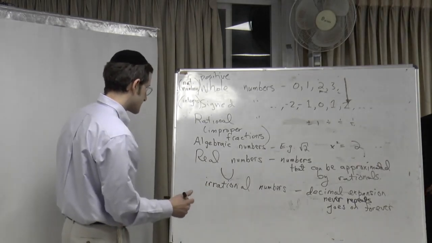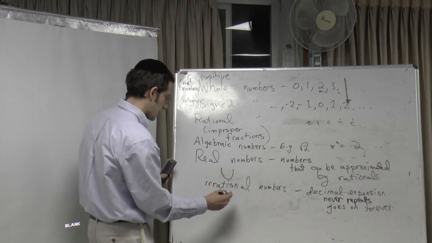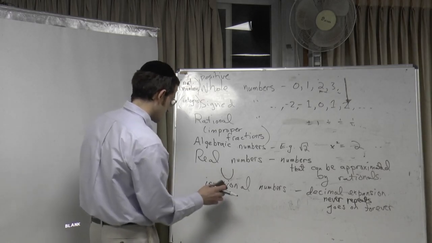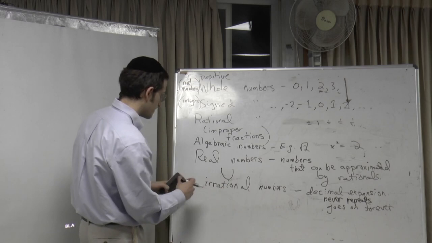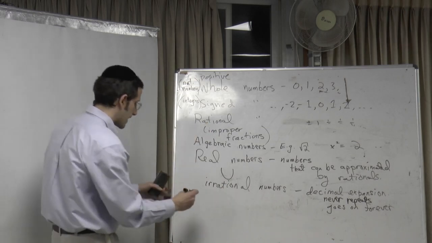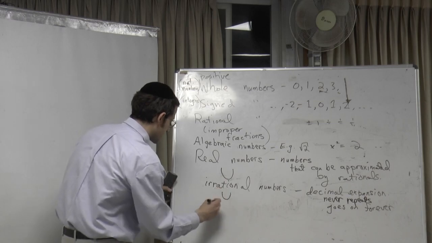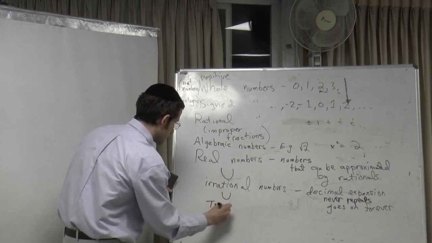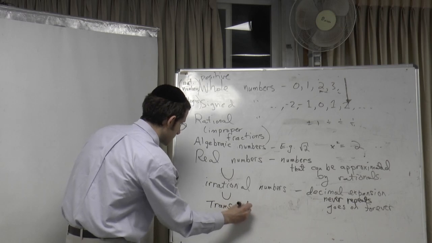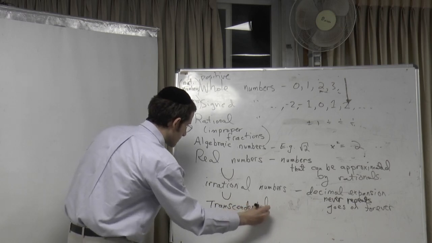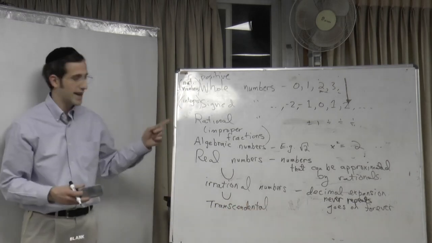Then sitting inside of here, there's also the transcendental numbers, like pi. These are the ones which are not algebraic.